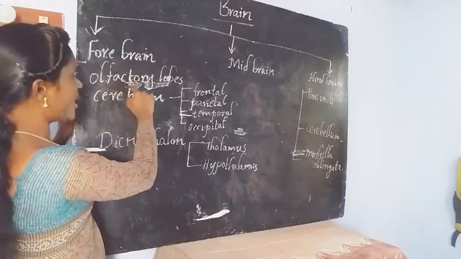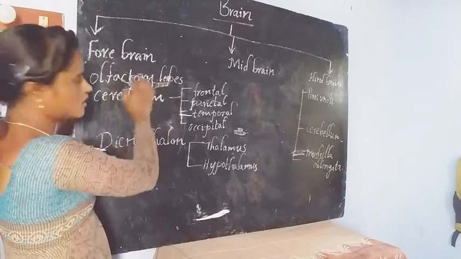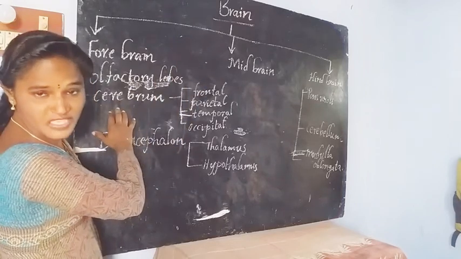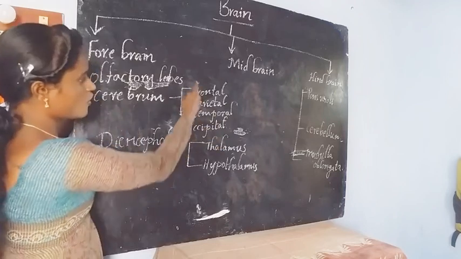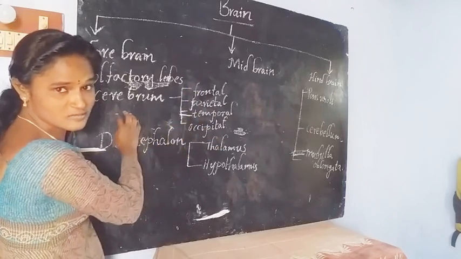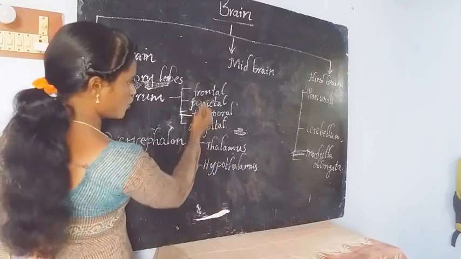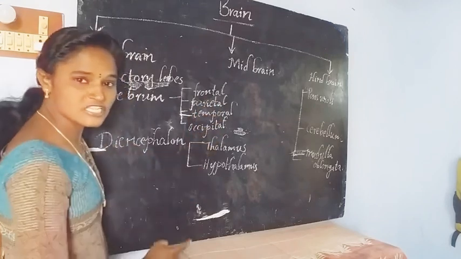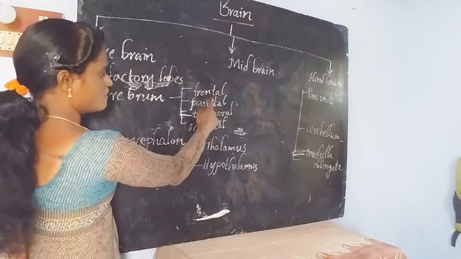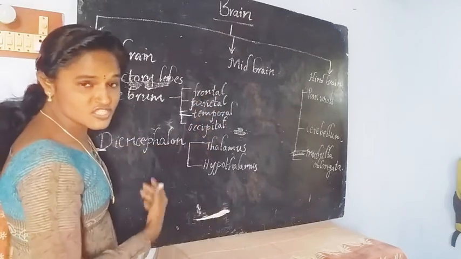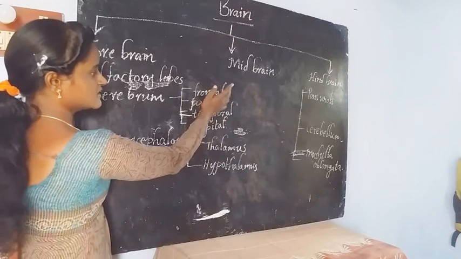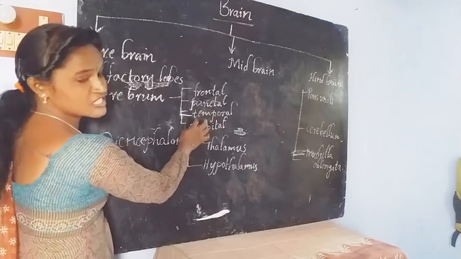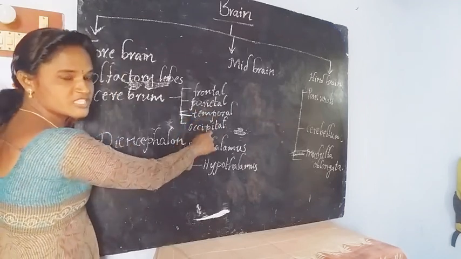The forebrain contains 3 important parts. One is the olfactory lobes, which have no subgroups. The second part is the cerebrum, which has 4 major lobes: frontal lobe, parietal lobe, temporal lobe and occipital lobe. Remember it as 'From Patna to Odisha': F means frontal lobe, P means parietal lobe, T means temporal lobe and O means occipital lobe.